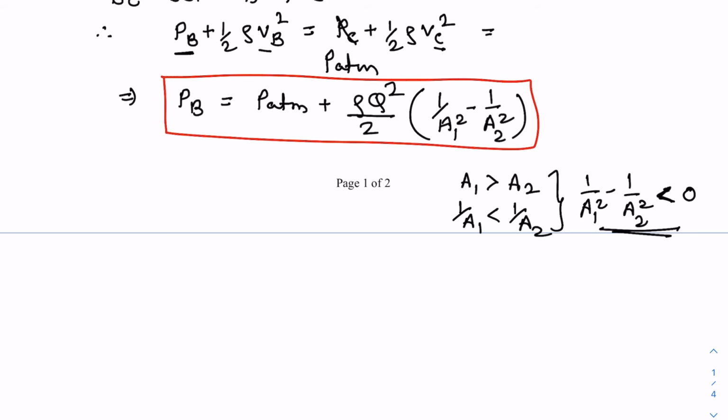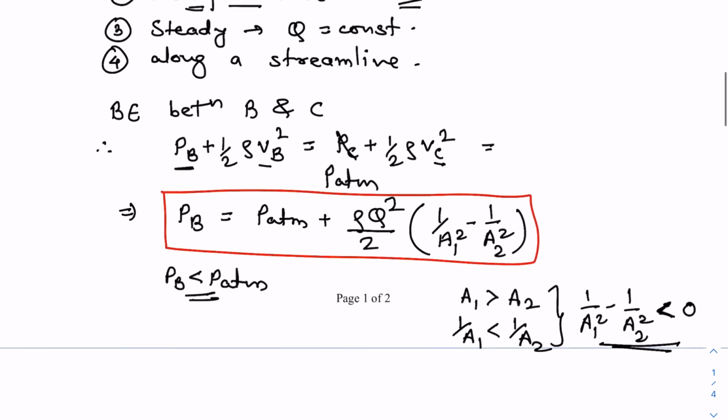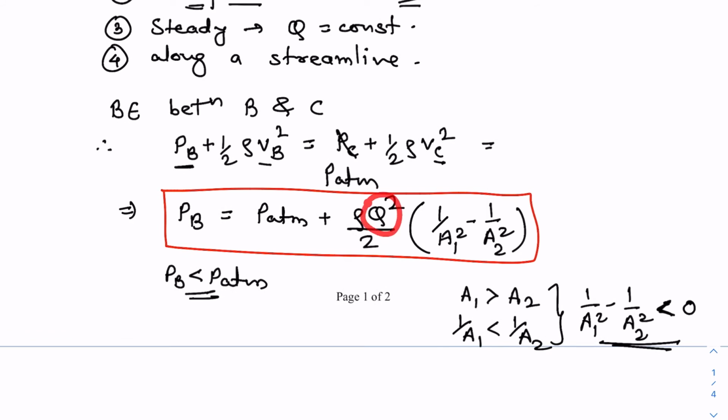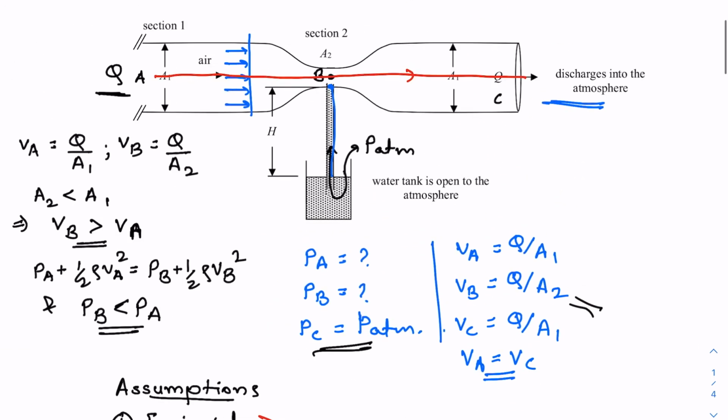So that means the second term on the right hand side is negative. So pressure at B is indeed smaller than P atmosphere.